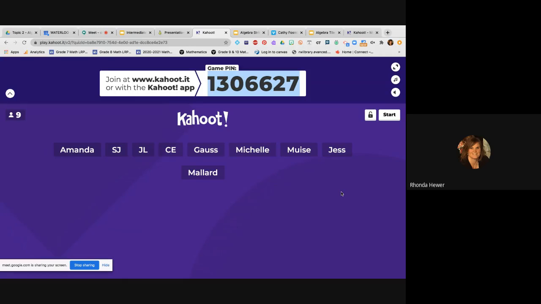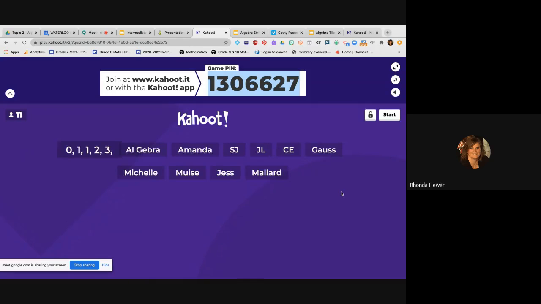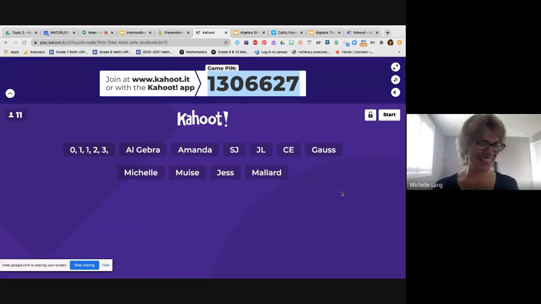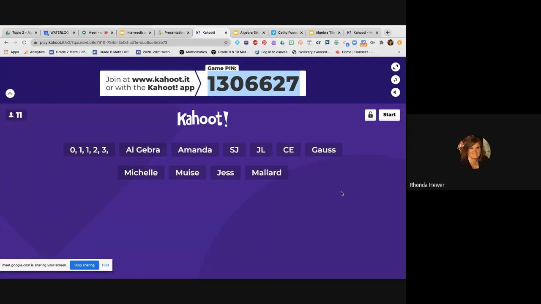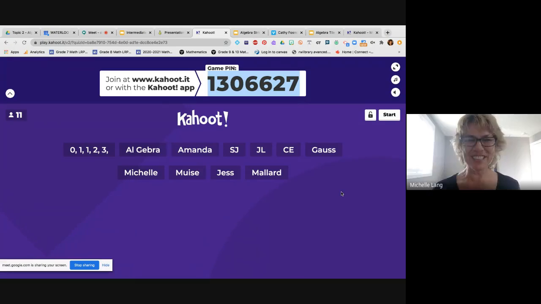I think that game pin stays on the screen as we're playing it. Yes, so if anybody else joins us, you'll just have to let them know that. Oh, Algebra. That's awesome. Welcome, Al. Such witty people here today. I believe that's a Fibonacci sequence right there. I think they're testing us, Michelle. I think so.